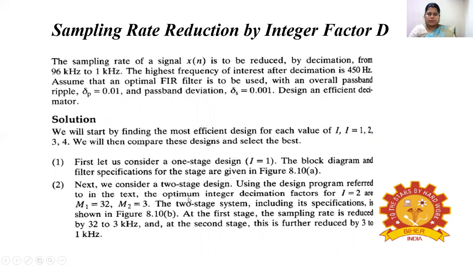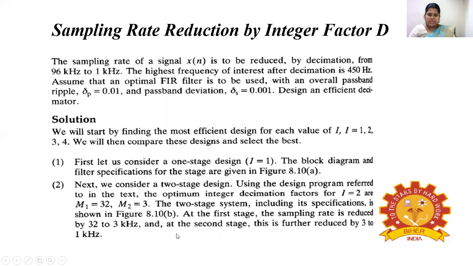Similarly, when I equals 2, in the two-stage design, having two factors, M1 is taken as 32 and M2 is taken as 3. So in this two-stage system, at the first stage, the sampling rate is reduced from 96 kilohertz to 3 kilohertz.